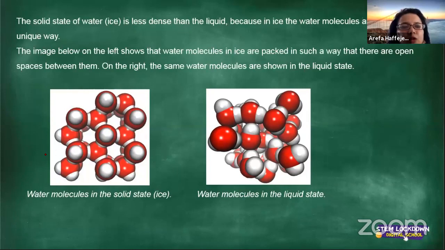So the image below on the left shows that water molecules in ice are packed in a way that they have open spaces between them, which is what I showed you. And on the right, the water molecules show that it is in a liquid state, where there are not so many definite spaces between them because it's always moving.